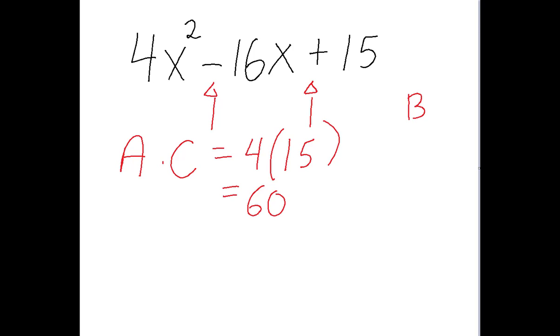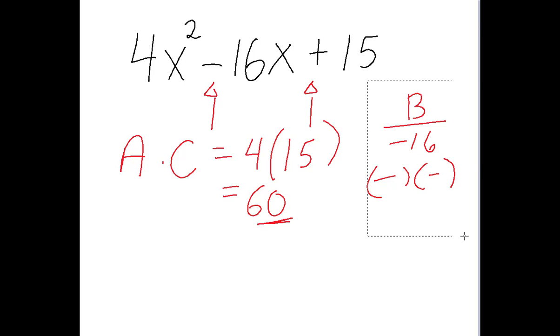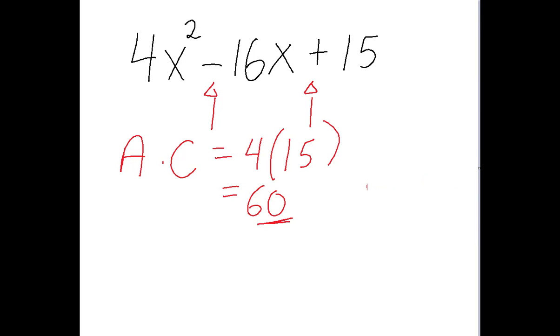So when I do my factors of 60 that add up to B of negative 16, they have to be a negative times a negative, because a negative plus a negative will give me a negative, and a negative times a negative will give me this positive 60. So I need to list my factors of 60. So let's do that first.